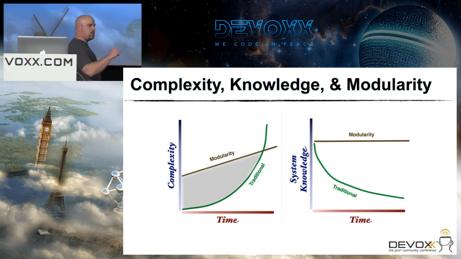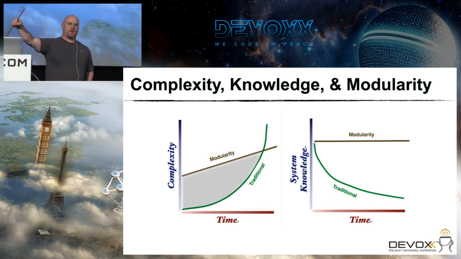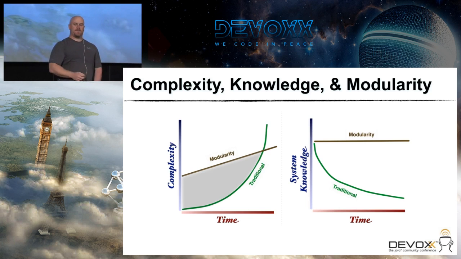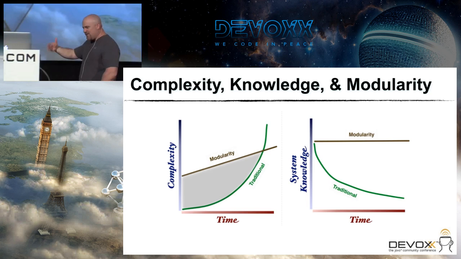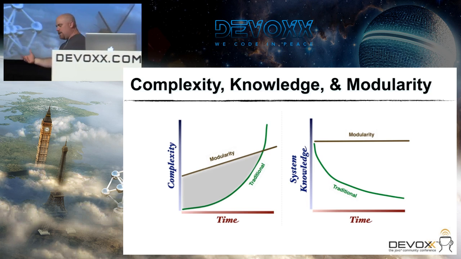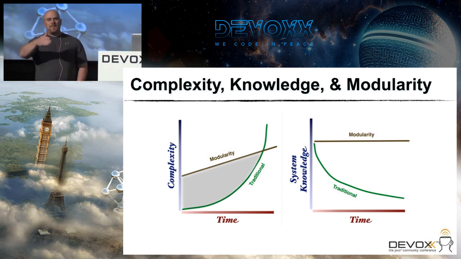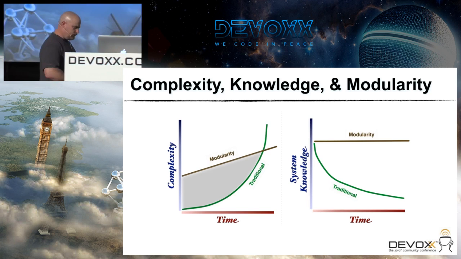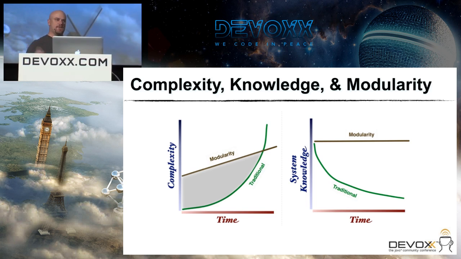But the dividends will pay off at some point in the future as I have to go back into this code to try to understand it. Because if there's one thing that I found consistently over time, it's that every time I go to maintain a piece of software, it's typically challenging.